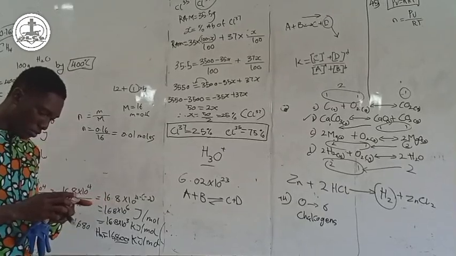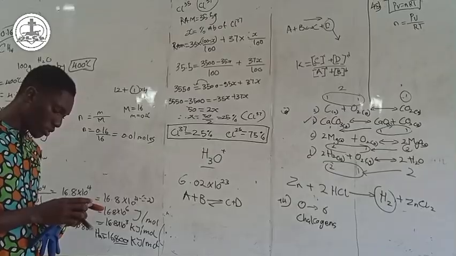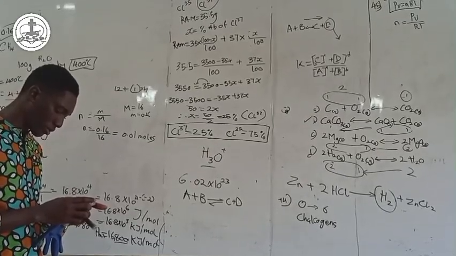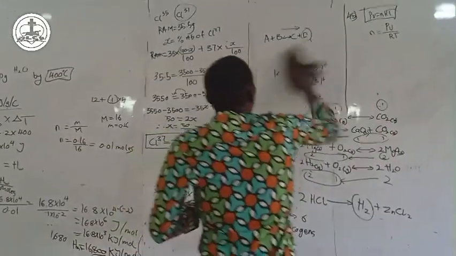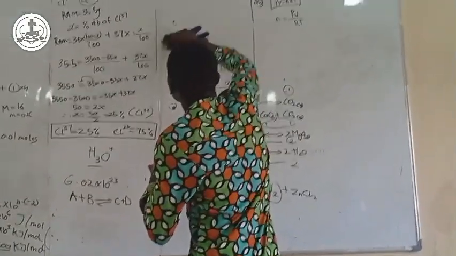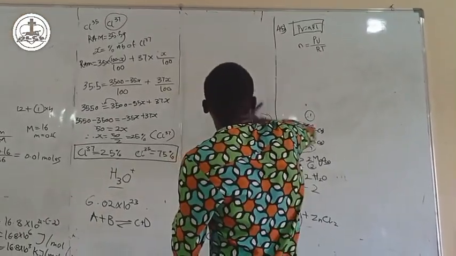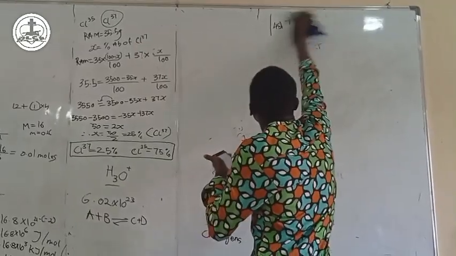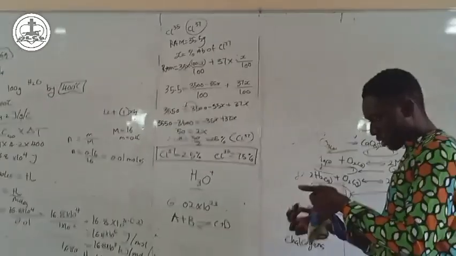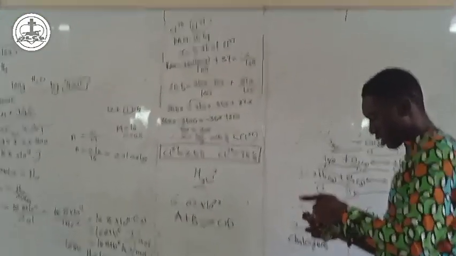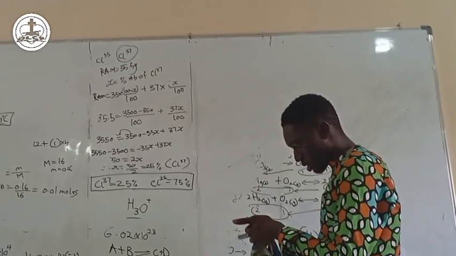Number 54 says which of the following combinations of conditions may increase the rate of chemical reactions? A, decrease in temperature, increase in concentration of the reactant.